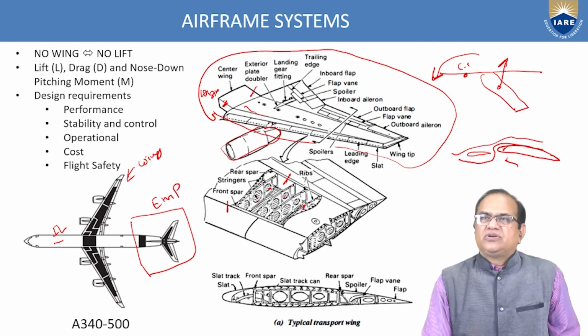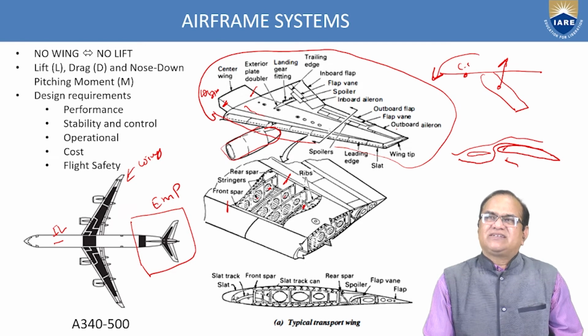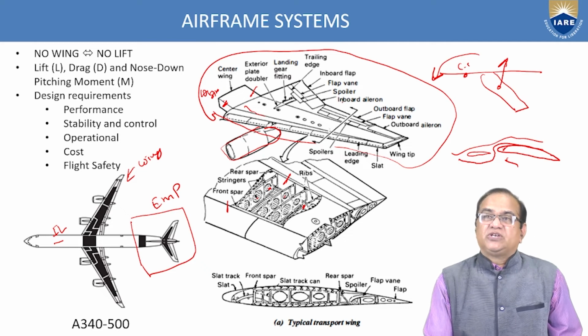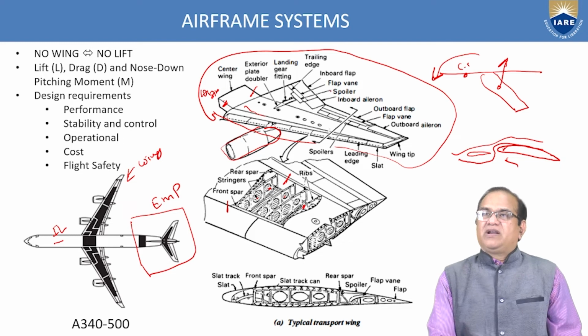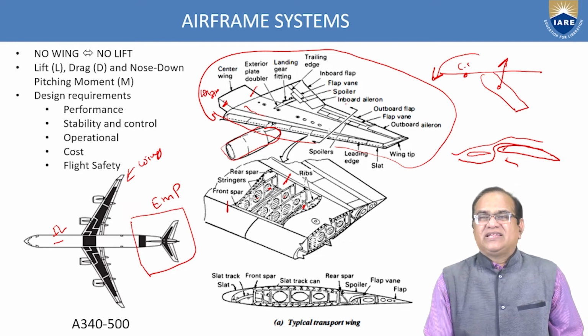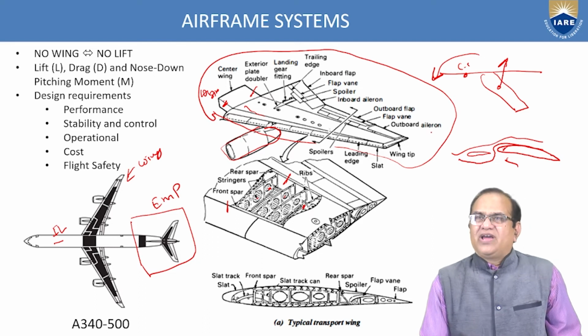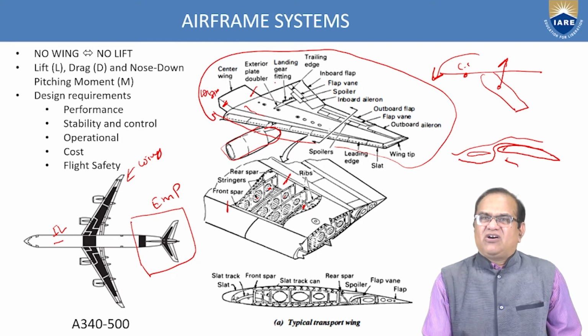So the outboard aileron may be ineffective in a high angle of attack flight, or whenever more circulation is taking place, at that time inboard ailerons will be effective. That is why in passenger aircraft normally we have double safety. That is, one is the inboard flap, another is the inboard aileron, then outboard flaps and the outboard ailerons. So I have explained all these items.